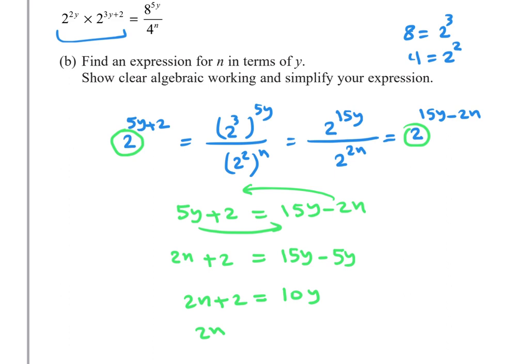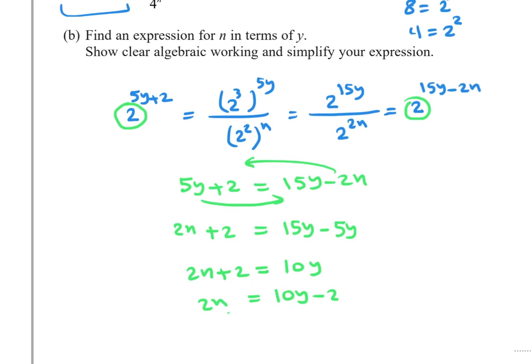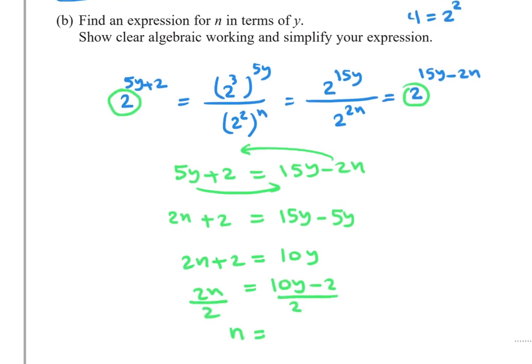So 2n equals 10y minus 2. Divide by 2, divide by 2. So n equals 10 divided by 2 equals 5, so 5y, and 2 divided by 2, 1, so 5y minus 1. So n equals 5y minus 1.